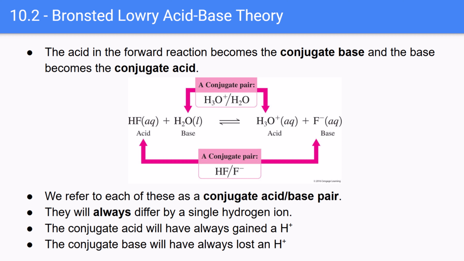So if I take a look at the equation again, HF is the acid, the conjugate base has lost a hydrogen, and so that's why F- is your conjugate base. The H2O has become H3O+, which means that the H2O has gained a hydrogen, and so therefore the base, which is H2O, has become the conjugate acid on the right-hand side.